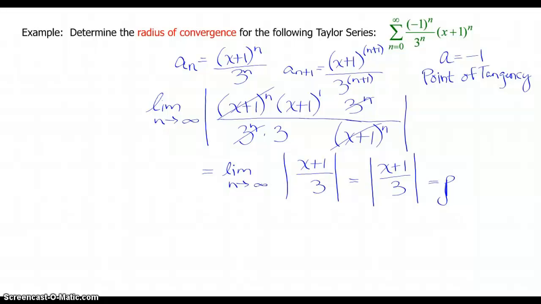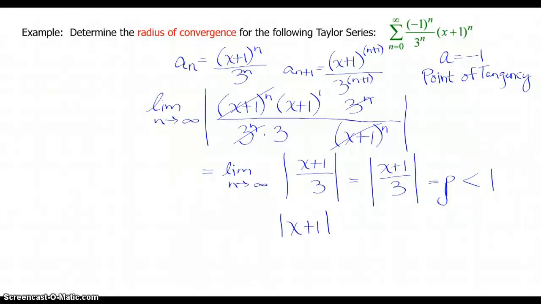There is no n in that. Everything that was involved that had an n in it canceled out. It's all acting like 1: 3 to the n over 3 to the n, the quantity x plus 1 to the n over the quantity x plus 1 to the n. So everything that's left is a constant. When I take n to infinity, this is what I get. I am going to converge when rho is less than 1.